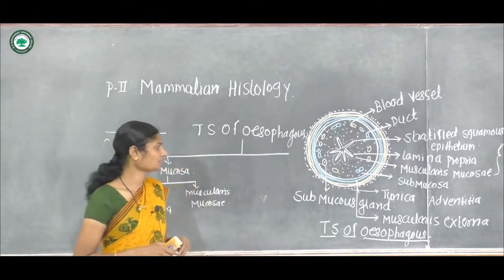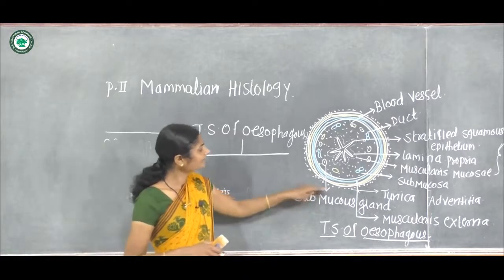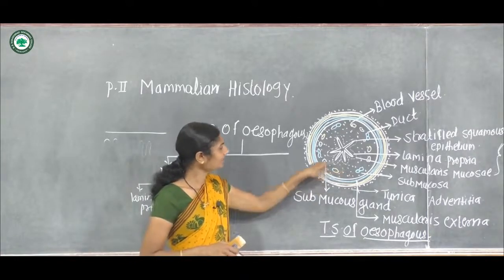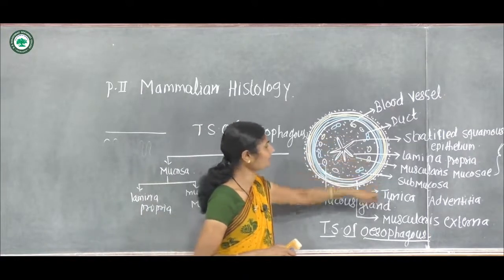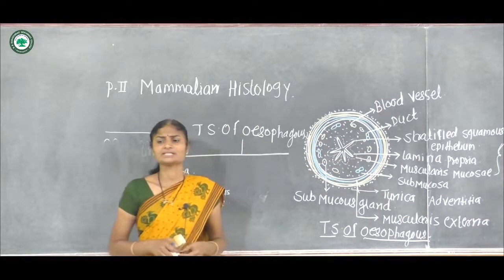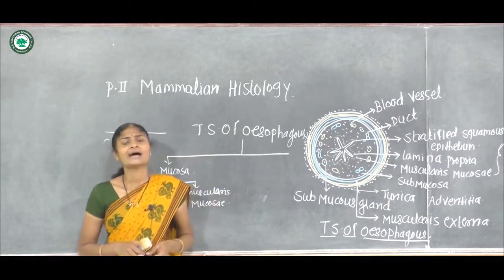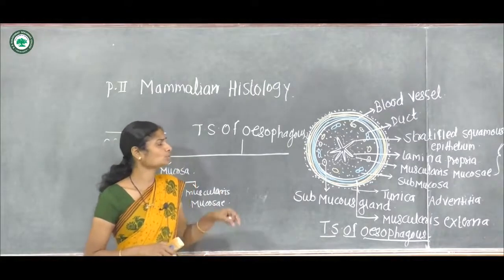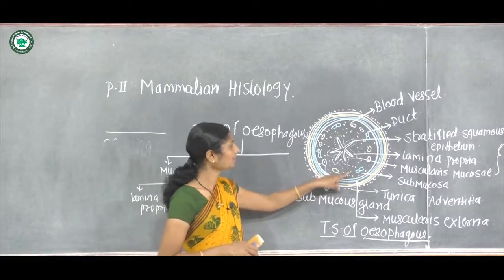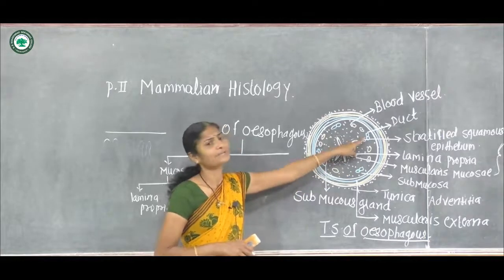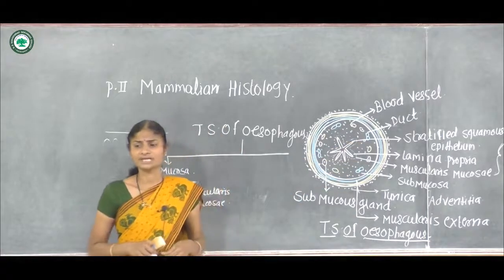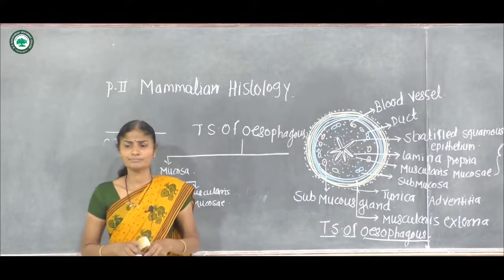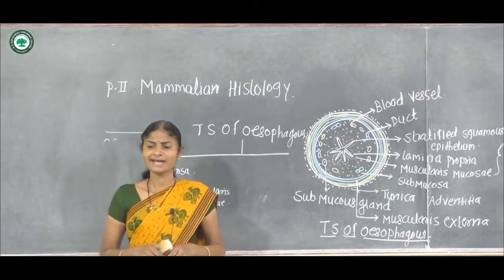Next layer is the submucosa layer. In this diagram, this shows the submucosa layer. This submucosa layer is highly vascular and contains loose connective tissue, as well as glands.